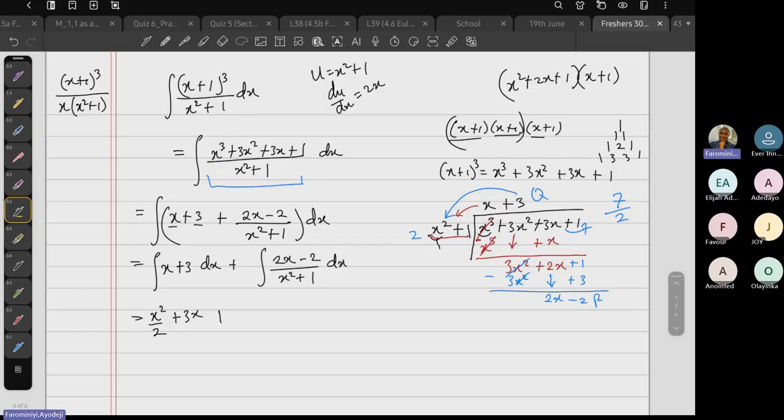But this other side, we need to be careful. So first and foremost, I can also split that side into 2x over x squared plus 1 minus 2 over x squared plus 1 dx.